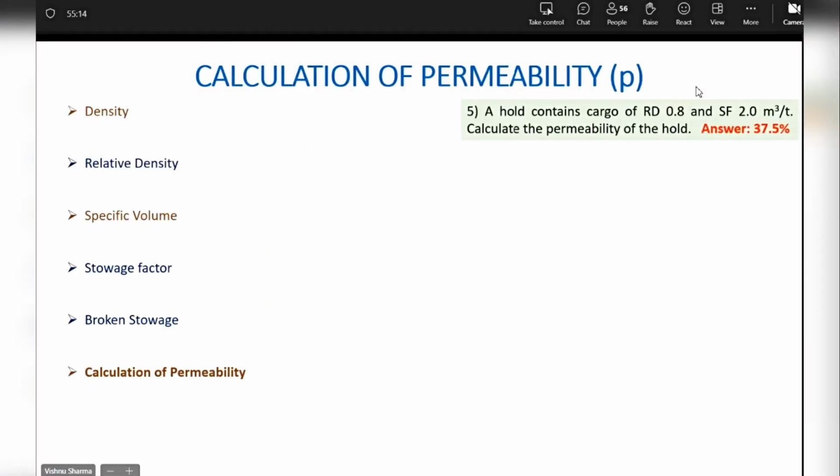Please just execute this question and see that the answer is matching 37.5%.